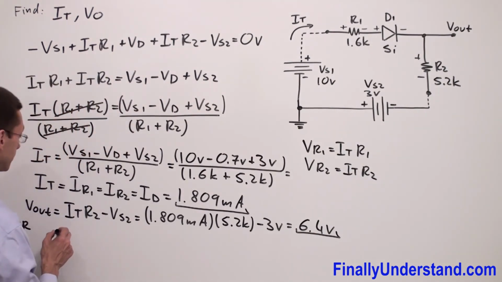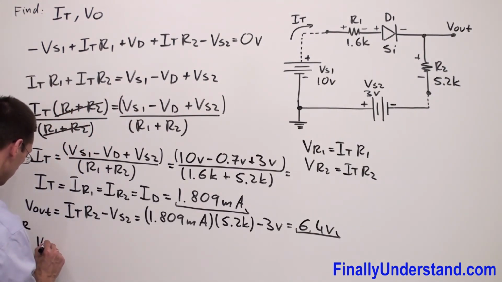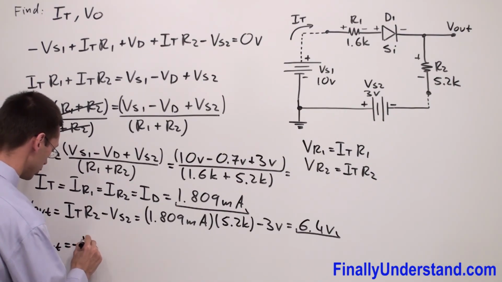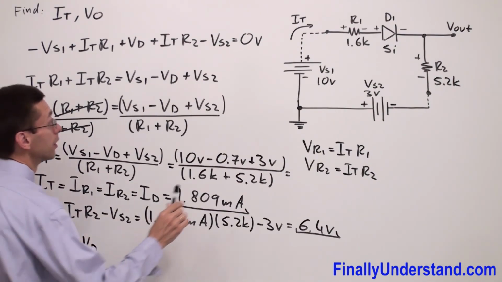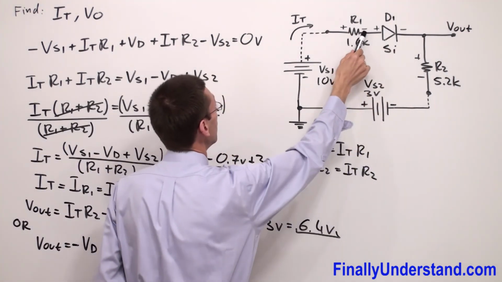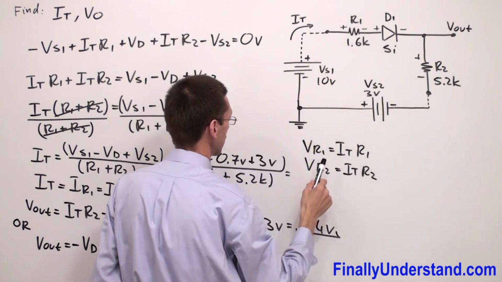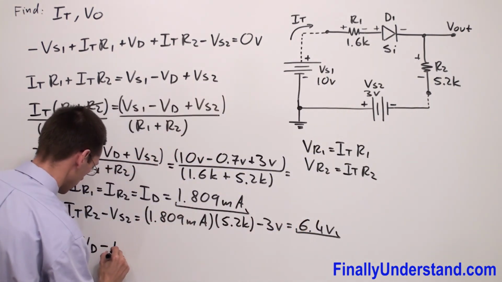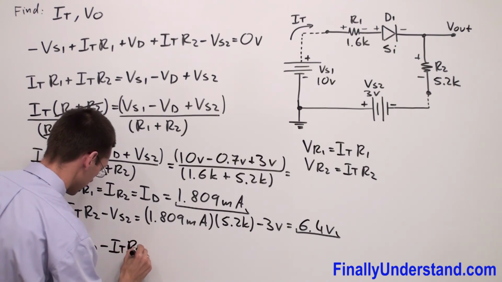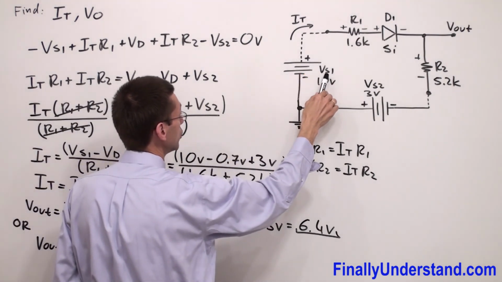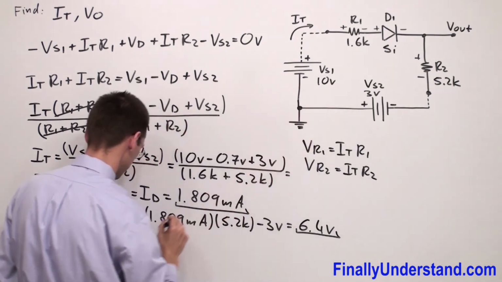So I have V out is equal to negative voltage across the diode, because I have a negative sign, and I have voltage across the diode, minus voltage across resistor R1. We said this is I total times R1. So I have minus I total times R1 plus voltage source 1.